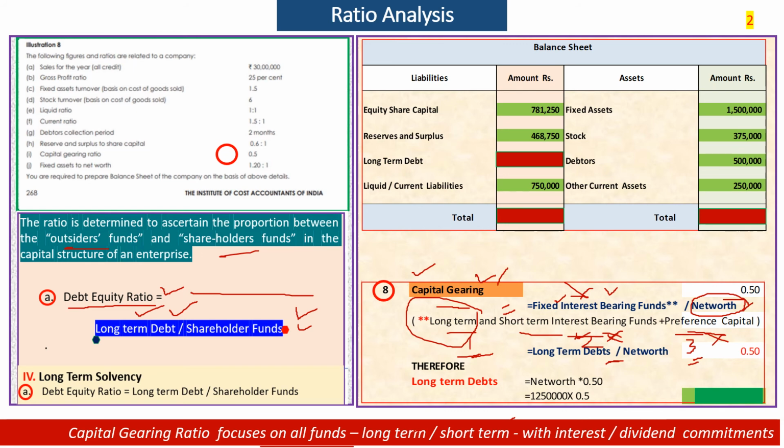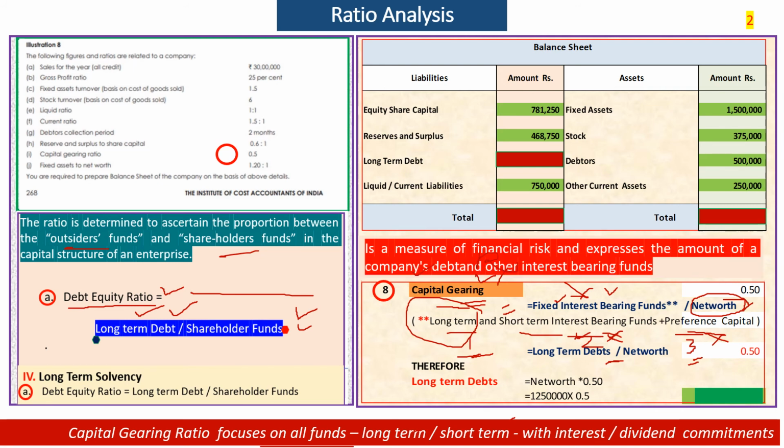Therefore, this is talking of gearing. Gearing talks of risk. It is a measure of financial risk and expresses the amount of a company's debt and other interest-bearing funds.